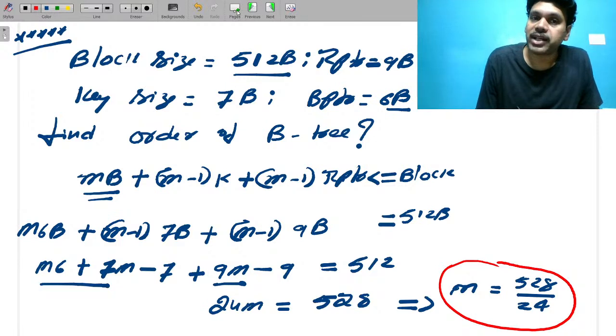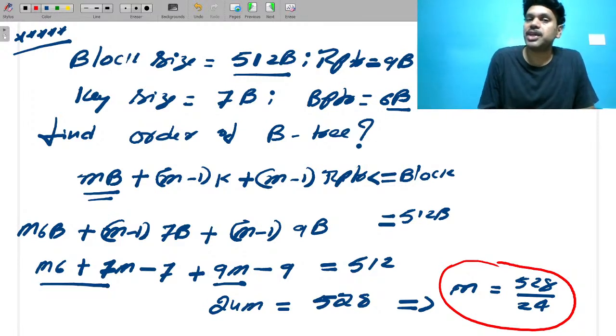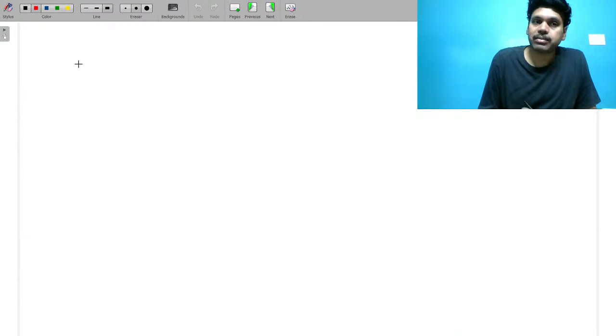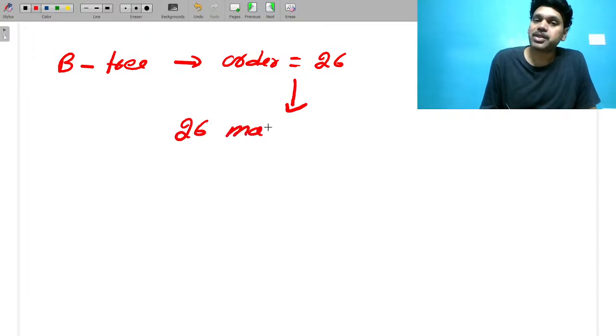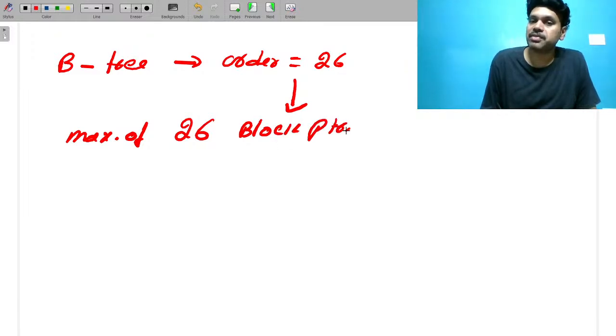So once you find the order, what are you going to achieve? If I say B tree order is equal to 26, what is the meaning? Maximum of 26 block pointers. Very important questions, my dear friends. That means maximum of 25 keys in a block.